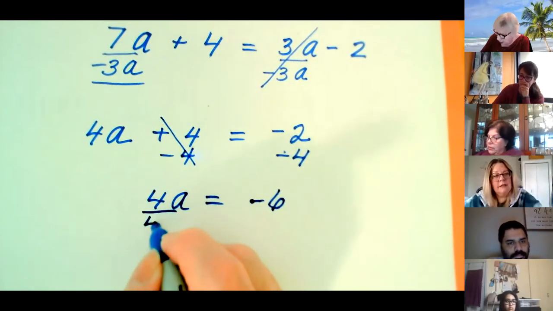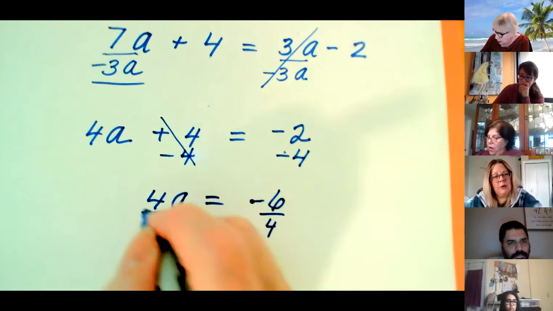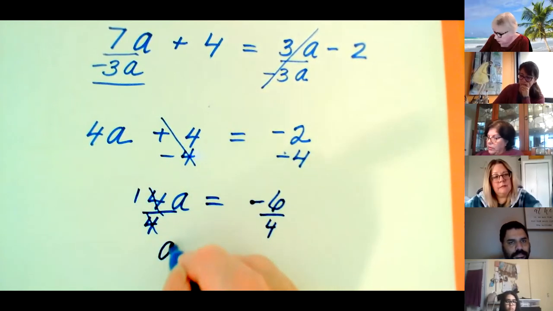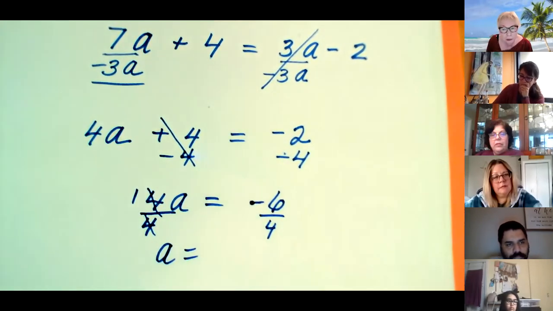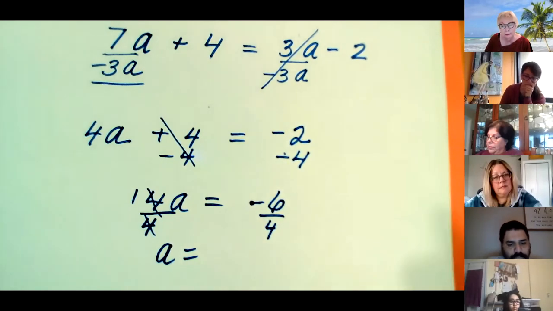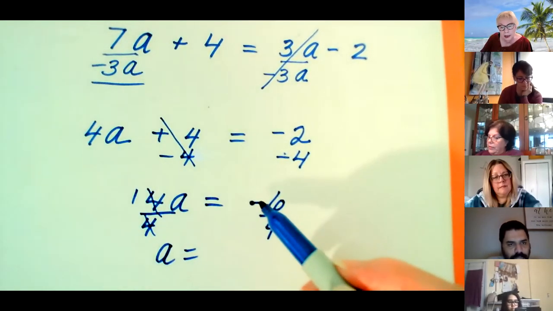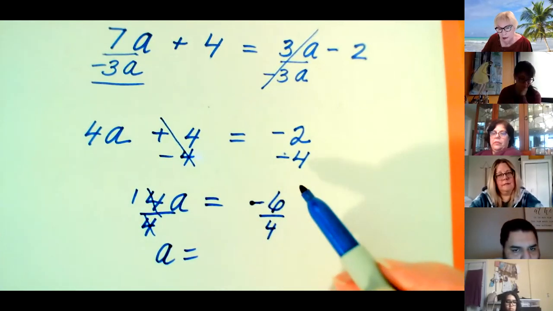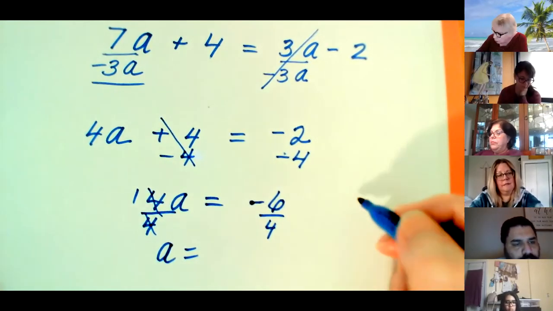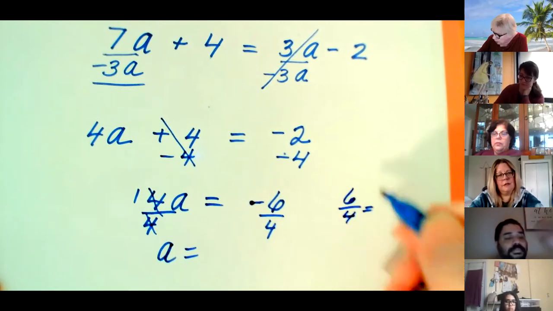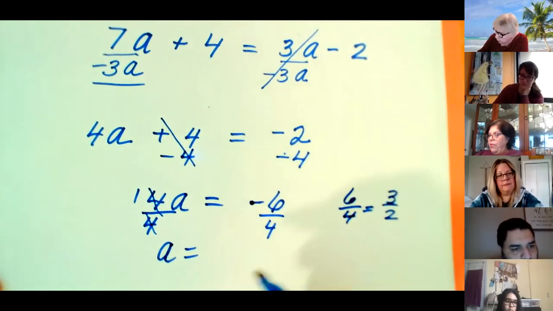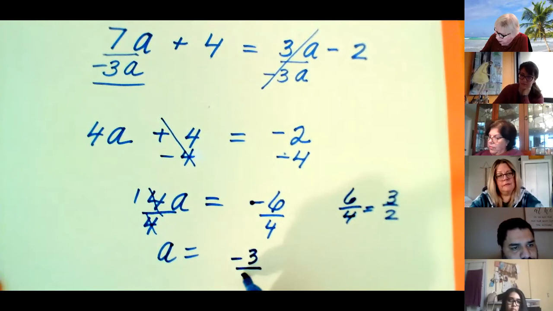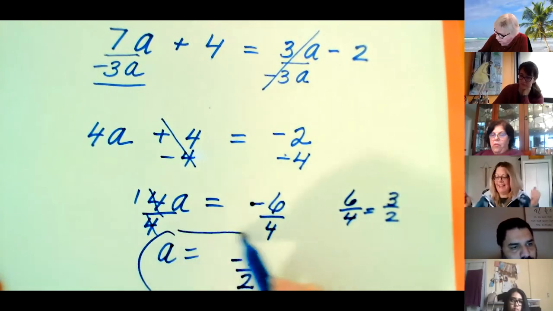And the more you divide by 4 on these, it'll become rote, it'll become easy. It's negative, which means the answer will be negative. The 6/4 is 3/2. The final answer is -3/2. Hey, I was right.